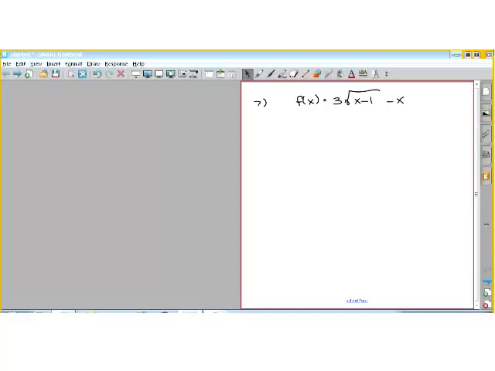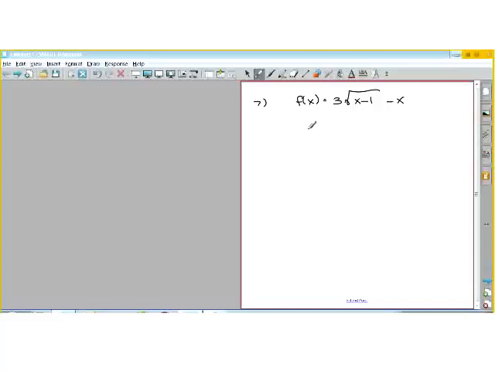Okay, this is number 7. So, what does this thing look like? Don't know exactly, but I'm just trying to think about how we would have any idea where it crosses the x-axis.